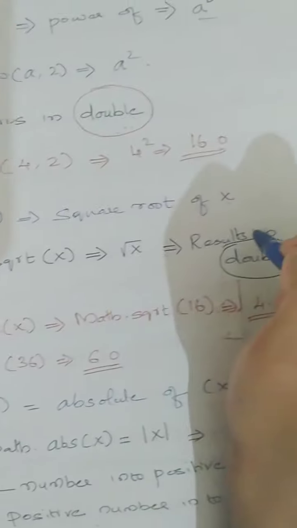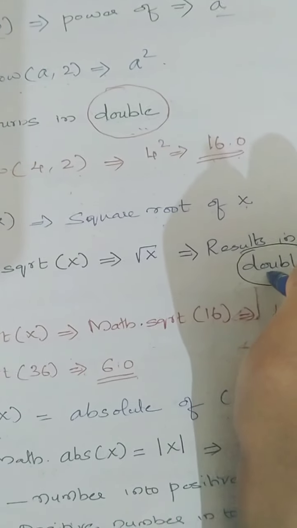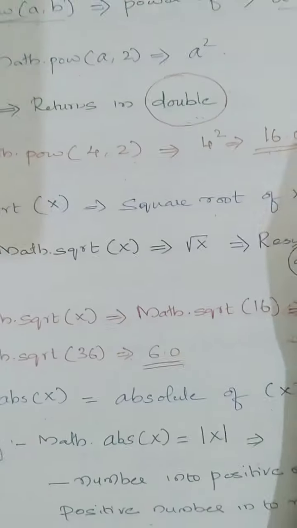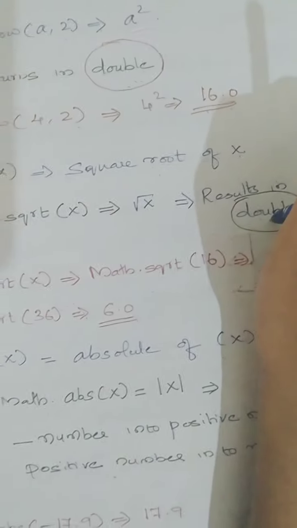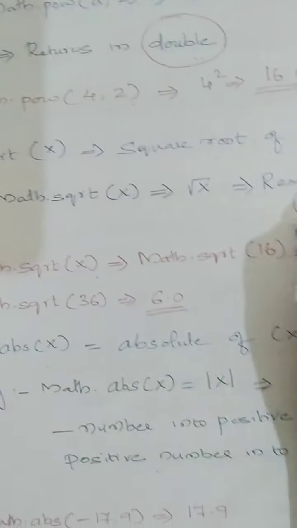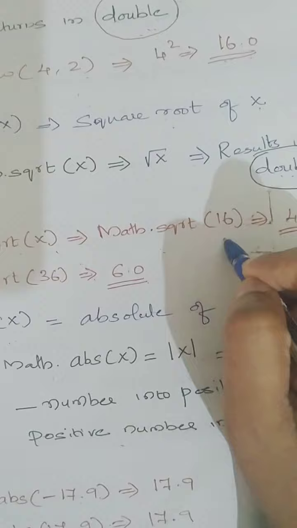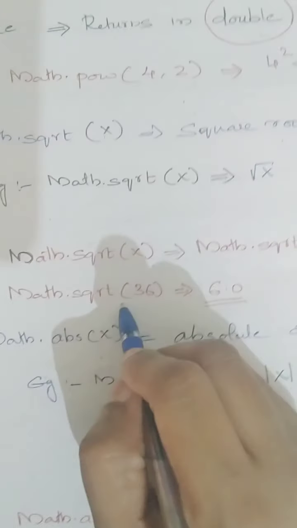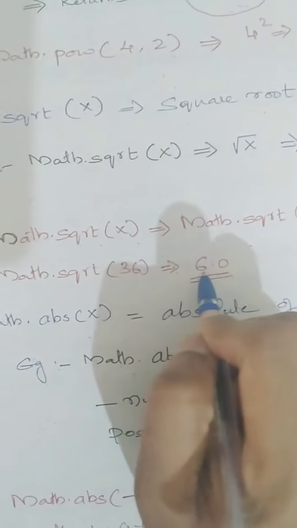It also returns the value in double. Math dot pow is used to find the power, and Math dot sqrt is used to get the square root and its value is in double. Suppose Math dot sqrt of 16, the answer will be 4.0. Math dot sqrt of 36 gives 6.0.